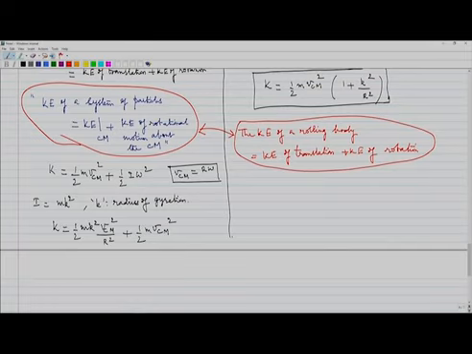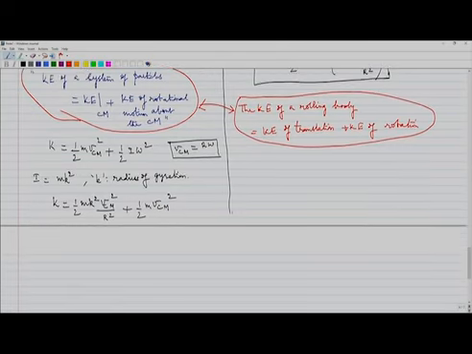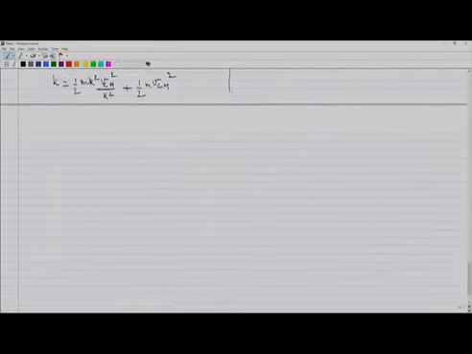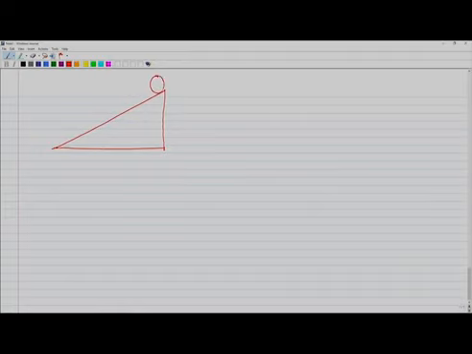Now we can make use of this expression to do a simple problem. It is like this. I have an inclined plane. I have an object. It may be a sphere or a cylinder or a circular disc. It begins to roll. It rolls down.